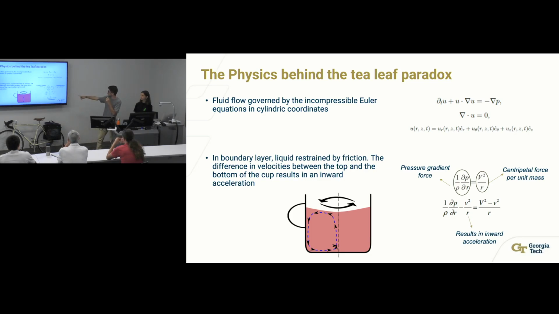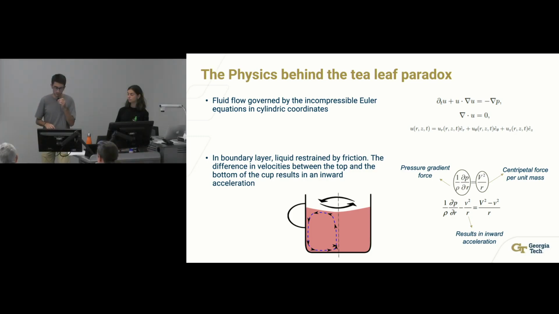It induces a new term in the force balance, which results in an inward acceleration, towards the center of the cup. It's this acceleration that causes a secondary flow to appear, and it's because of this secondary flow that the tea leaves in the experiment are pushed towards the center of the cup. So that's the tea leaf paradox.